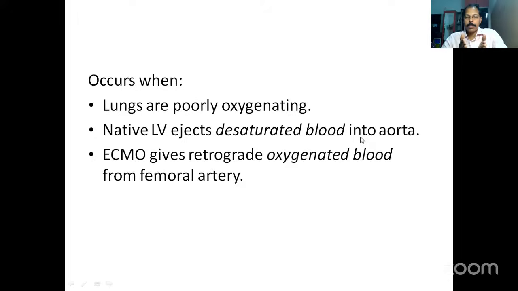So while patient is on ECMO, suppose the patient's native lung is not functioning properly, and because of that, the lung couldn't deliver oxygenated blood into the left ventricle, so the upper half of the body, so blood is pumping, no? So the upper half of the body may receive the deoxygenated blood because of the poor lung oxygenation, whereas the ECMO gives oxygenated blood at the peripheral level.